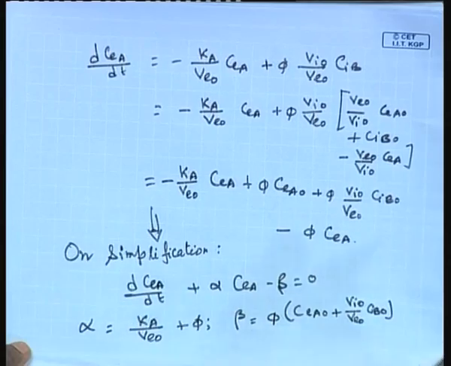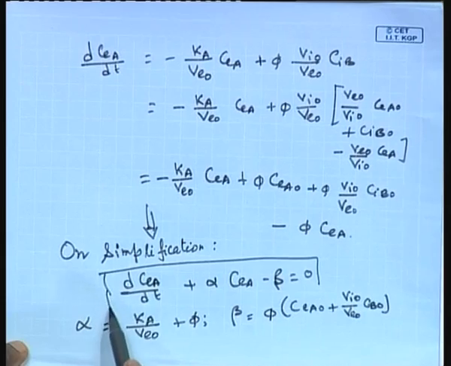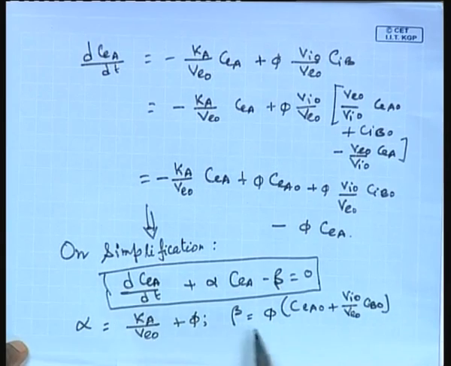Okay. So, this will be the simplified version of this equation, and all these initial values are known, and k and phi are the two parameters.